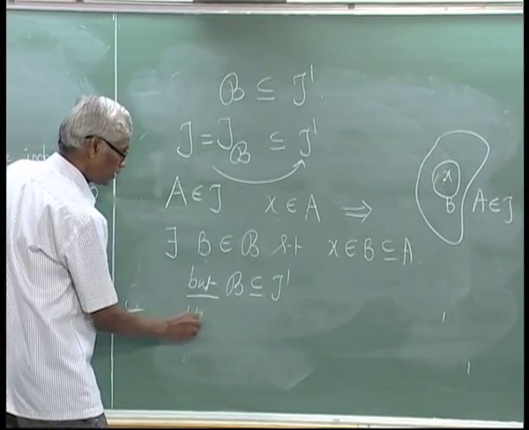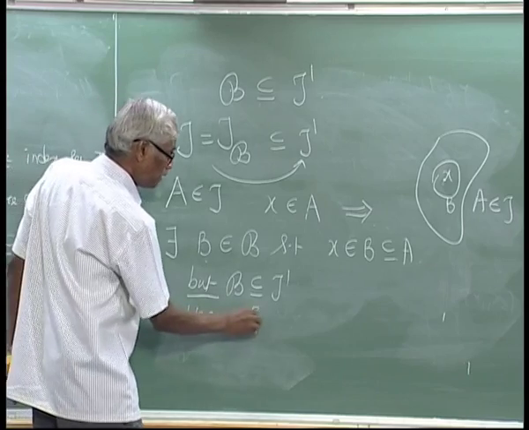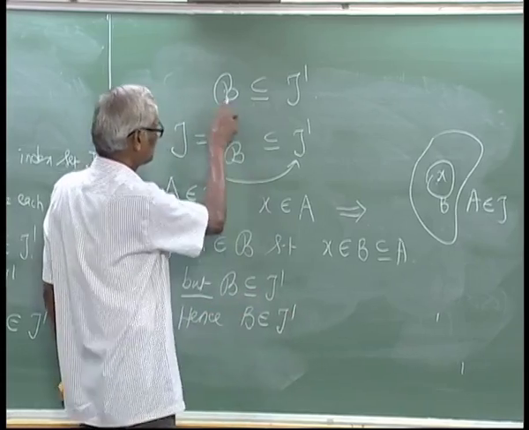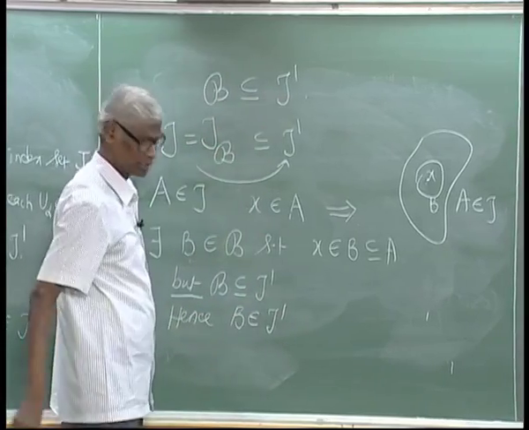Hence, B belongs to tau prime, because it is in tau, we have proved that it is in tau prime.